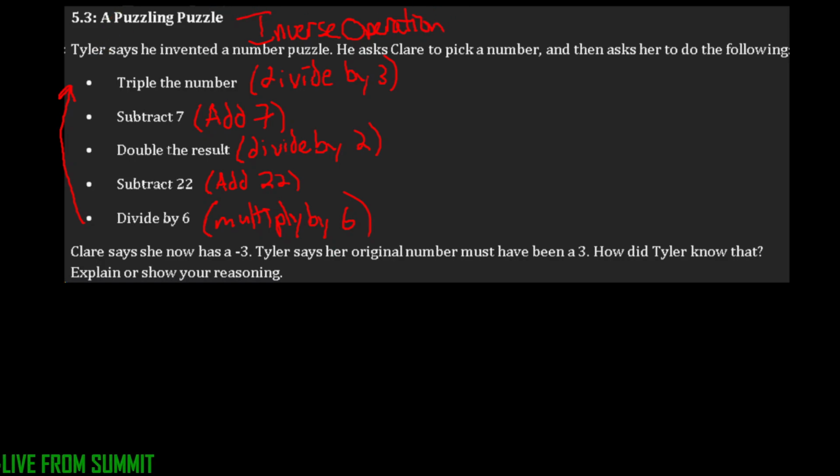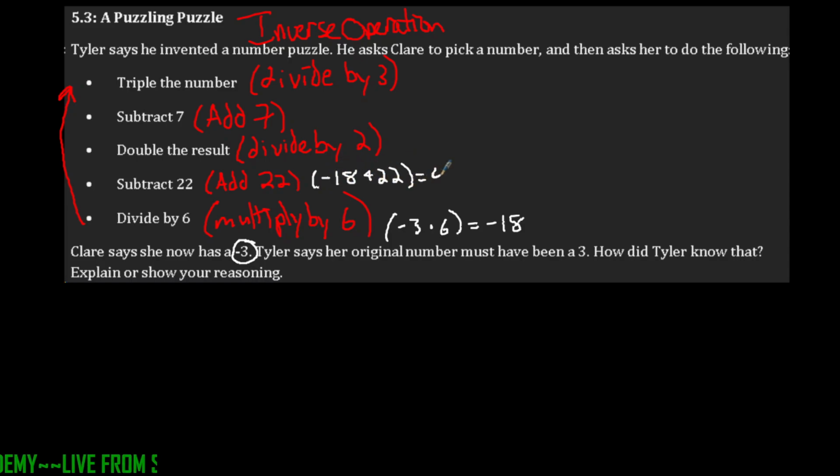Now we're going to start with this result of negative 3 and follow these steps. Negative 3 times positive 6 is equal to negative 18. Then negative 18 plus 22 is equal to 4.